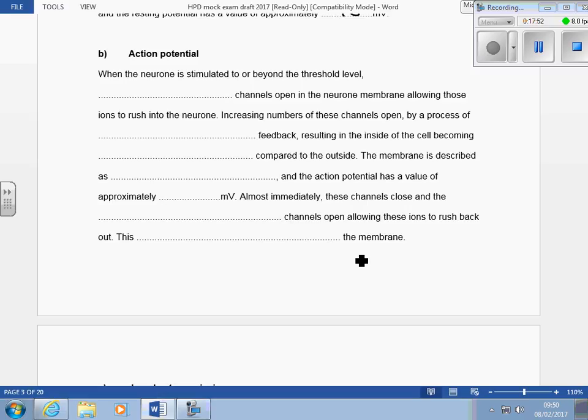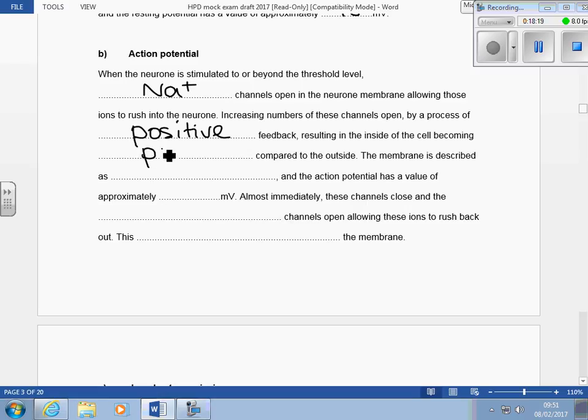It is the sodium channels. So it allows those ions to rush into the neuron. Increasing numbers of these channels open by a process of positive feedback. It's that rare example of positive feedback, resulting in the inside of the cell becoming positive compared to the outside.